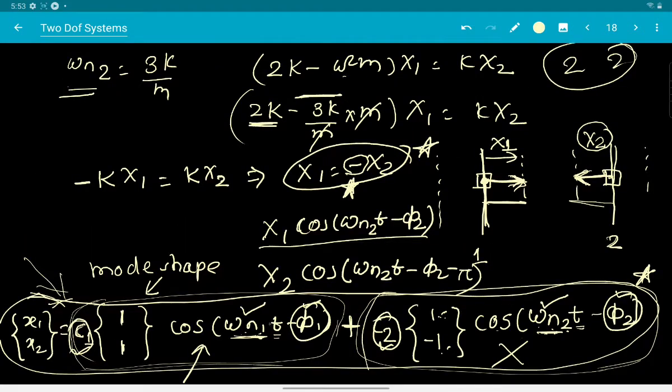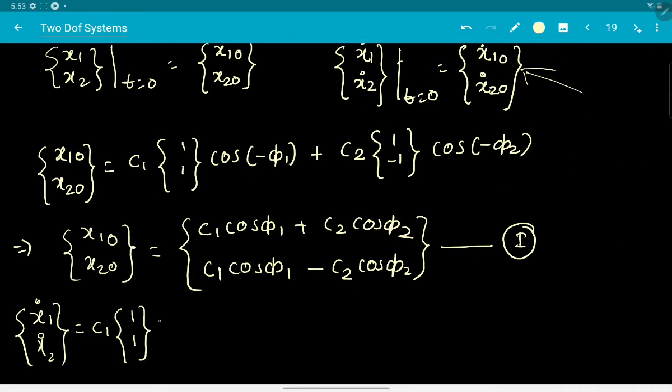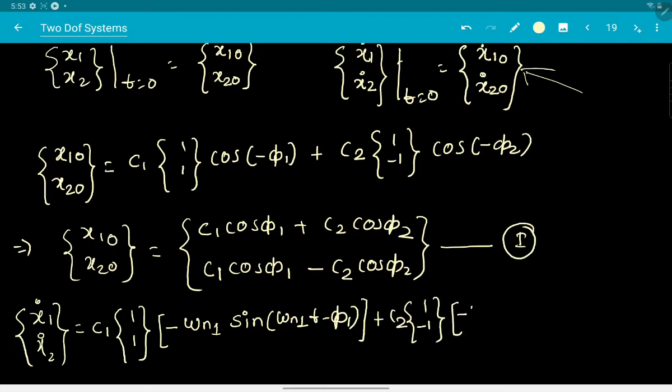Then you have the time function coming over here, with a minus sign appearing: minus omega n1 sine of omega n1 t minus phi 1, plus c2 times 1 minus 1 times minus omega n2 sine of omega n2 t minus phi 2.